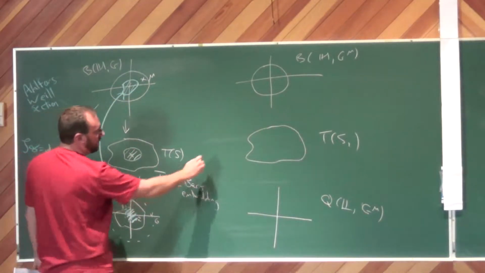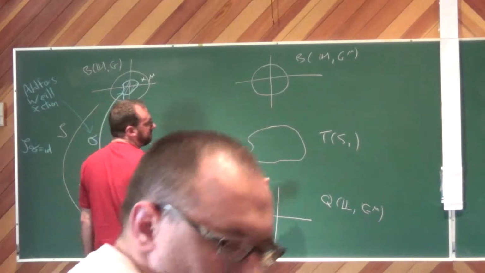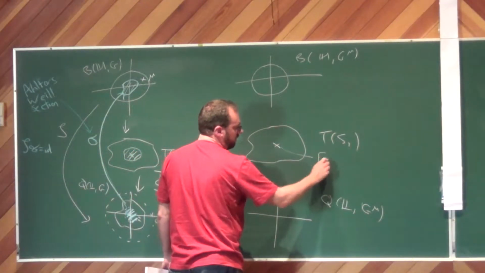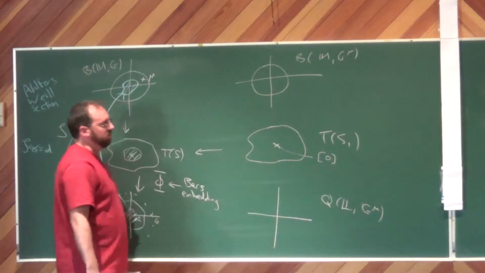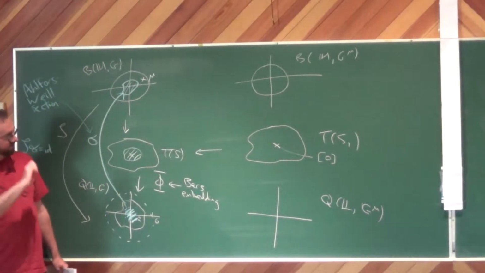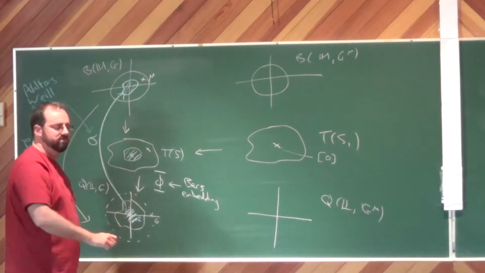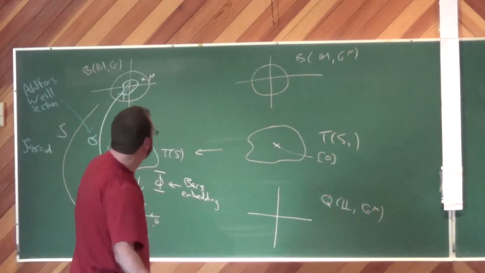So we have tau mu going in that direction. That points there the base point of T of S1, which gets mapped to, let's see if purple works.